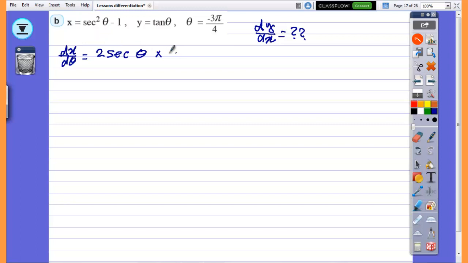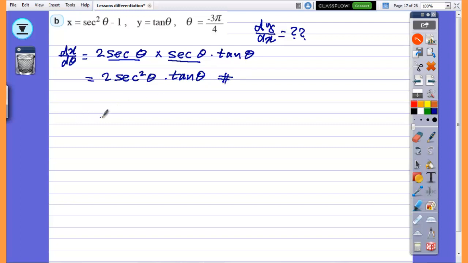The derivative of sec is sec tan, sec theta dot tan theta, and we arrange it: equals 2 sec squared theta dot tan theta. And this is the first step.